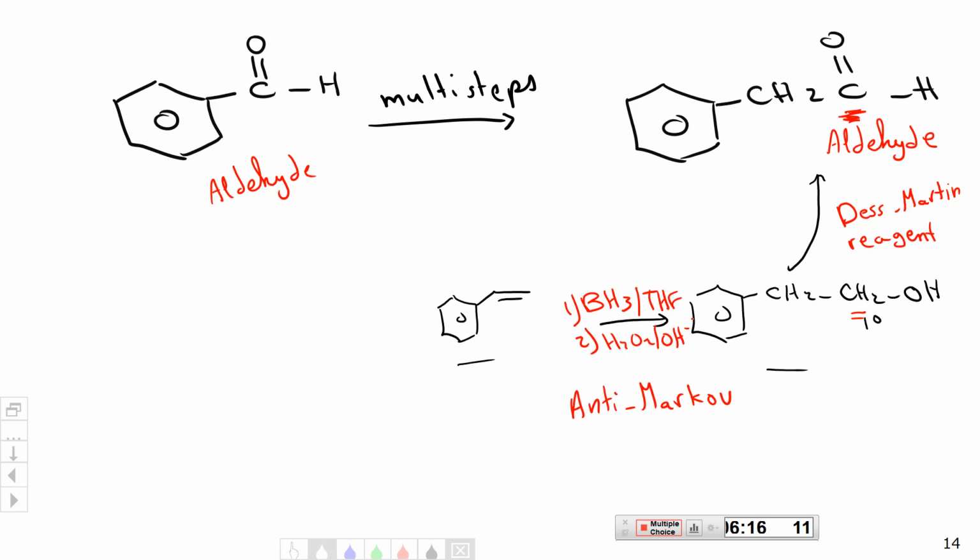Now going backward, looking at this and this, I'm going to map it. This is the aldehyde here. Wherever there is a C double bond O, I end up with a C double bond C. So this here should be my ylide if I use the Wittig reaction.